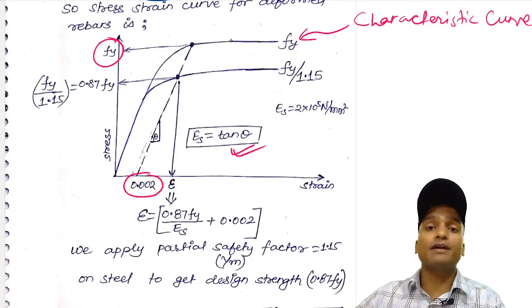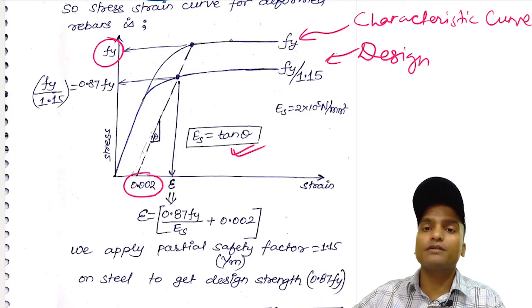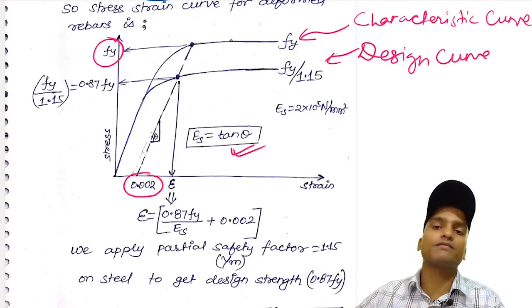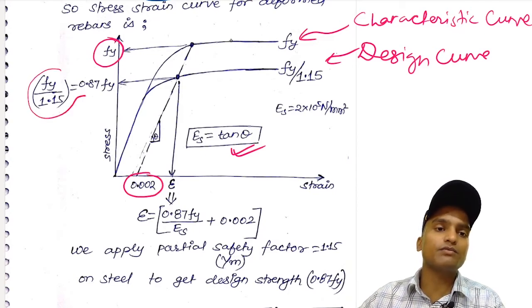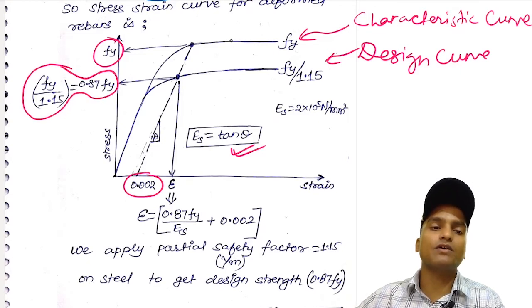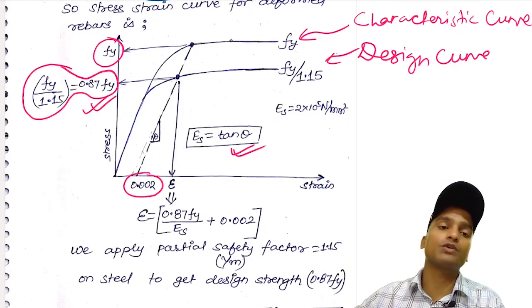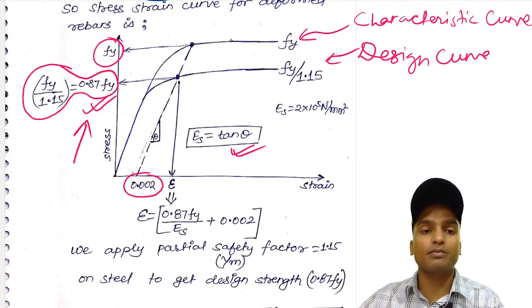Now we have to divide this characteristic curve by partial safety factor gamma m equal to 1.15 to get the design curve of deformed bars Fe415. So we will get this curve, and this value Fy divided by 1.15 is equal to 0.87 Fy, and this value of 0.87 Fy we are going to use repeatedly in our problems.